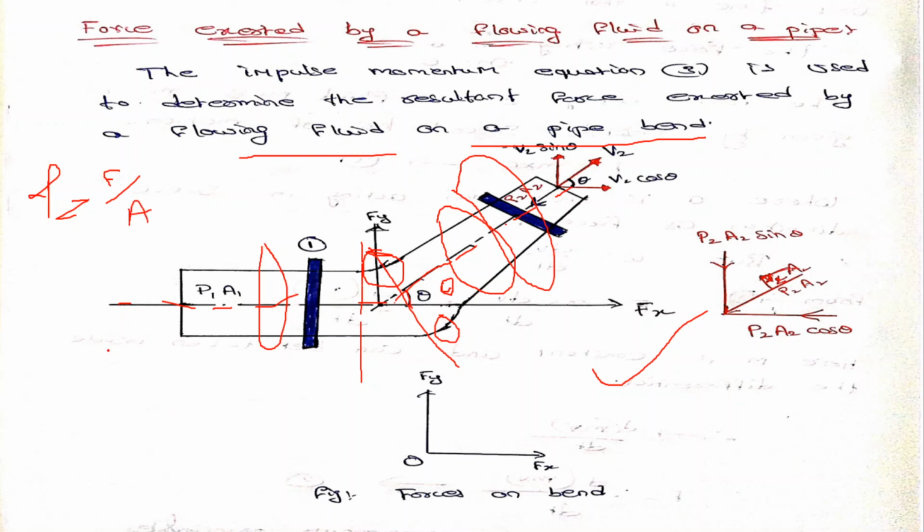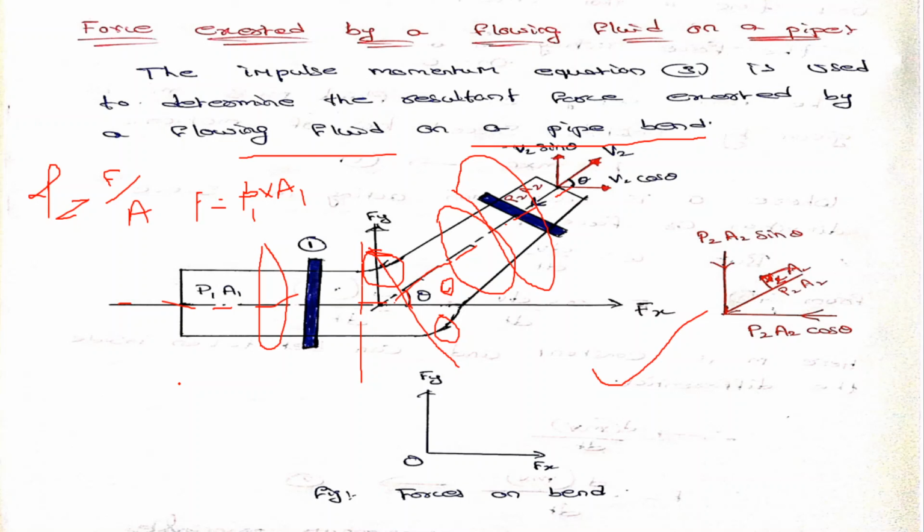If I am saying P1, then F is equal to P into A, that is P1 and A1. What is this P1? P1 is nothing but pressure at 1. A1 is nothing but area at pipe 1.